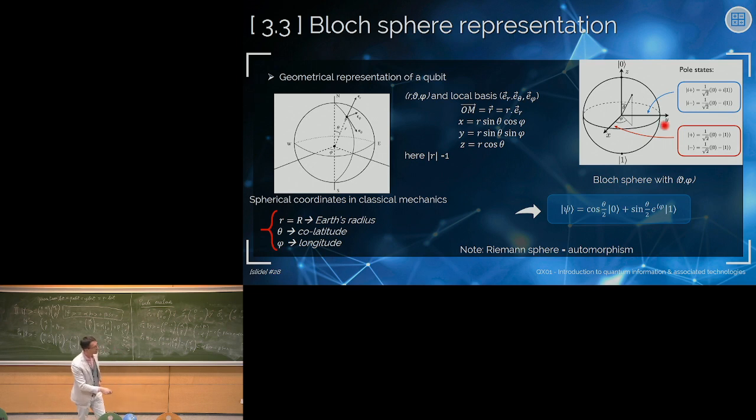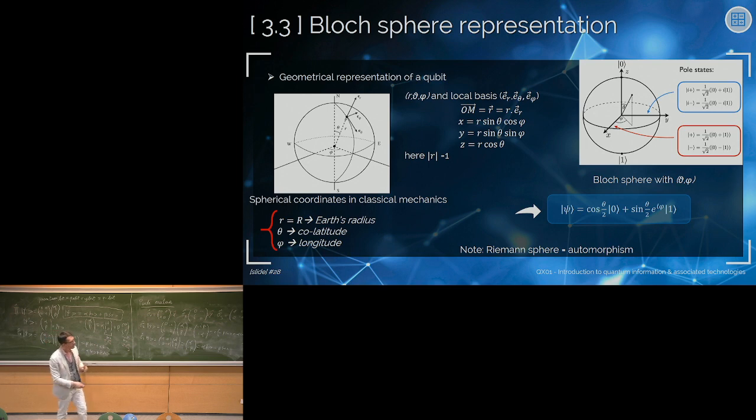In this case, and this will be expanded in the tutorial, this qubit state can be written with cosine of theta over 2, plus sine of theta over 2 times exponential i phi. This is the exact equivalent of alpha, beta, but in the Bloch sphere representation.